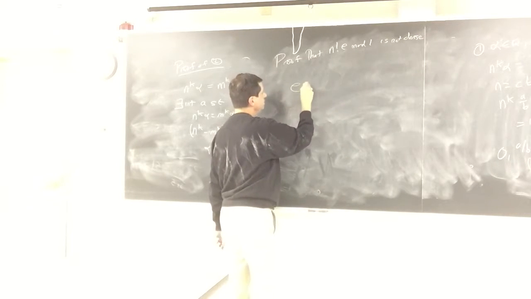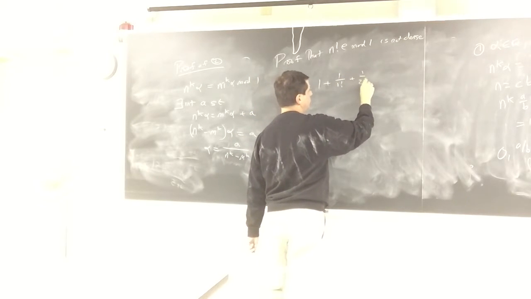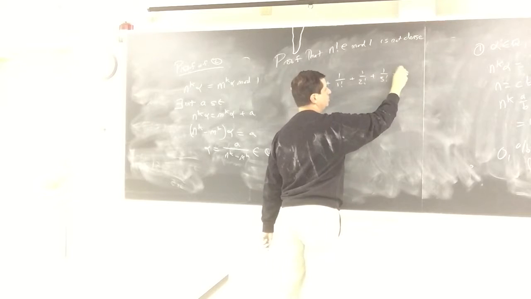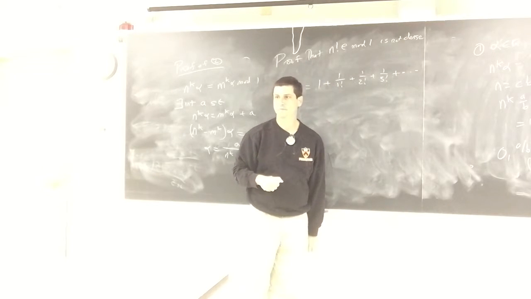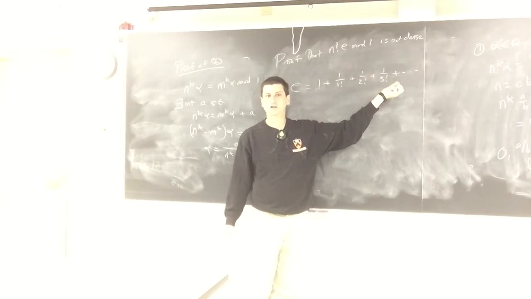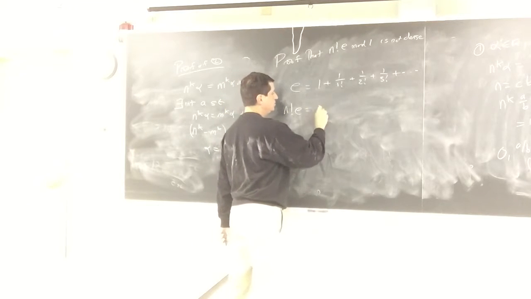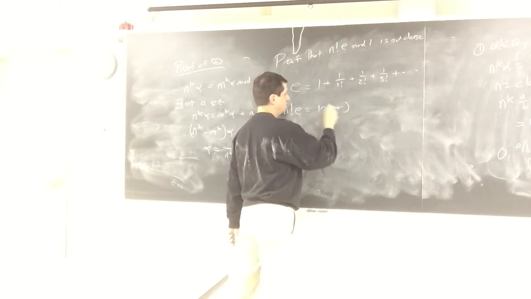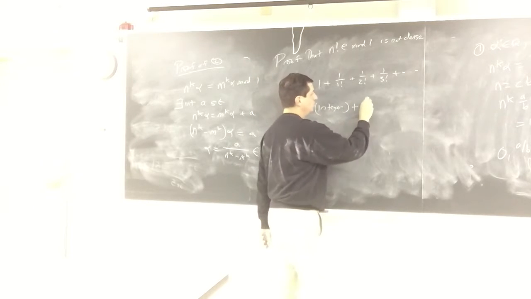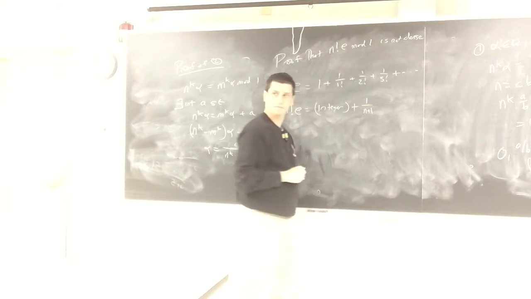Well, e is equal to 1 plus 1 over 1 factorial plus 1 over 2 factorial plus 1 over 3 factorial plus and so on. If we multiply by n factorial, the first terms all the way up to 1 over n factorial become an integer. So we get n factorial e is equal to an integer plus 1 over n plus 1.